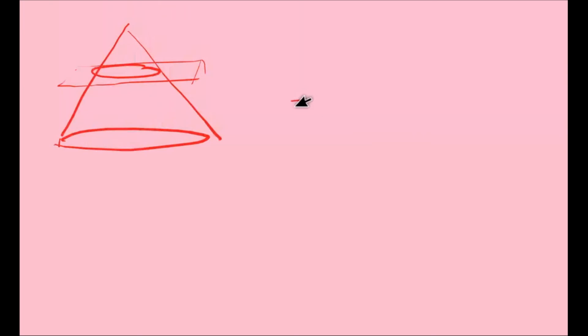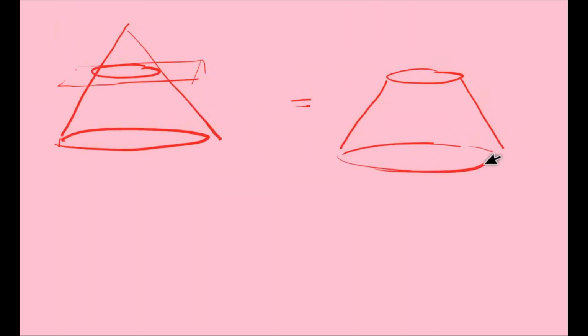This shape. It is like a bucket downward, isn't it? Let this radius be R, this is k, and this is small r. It is a cone frustum.